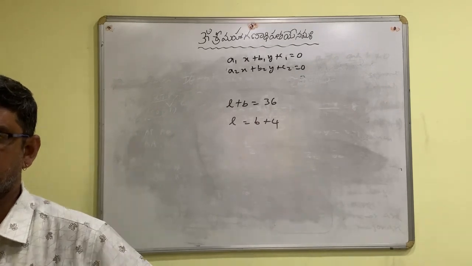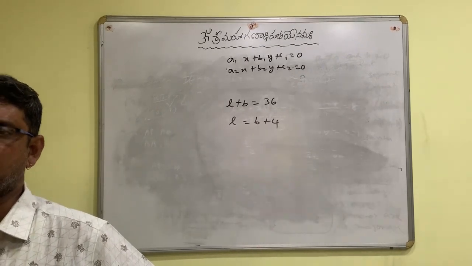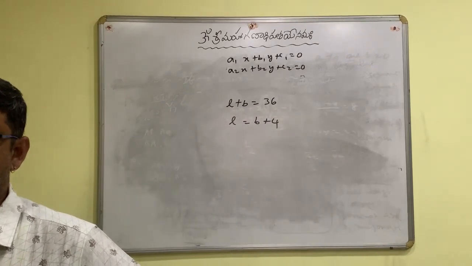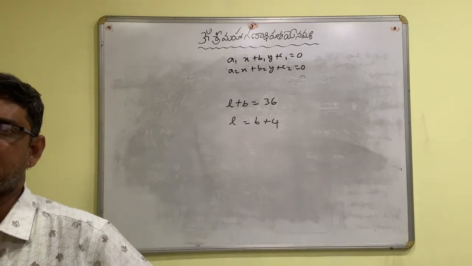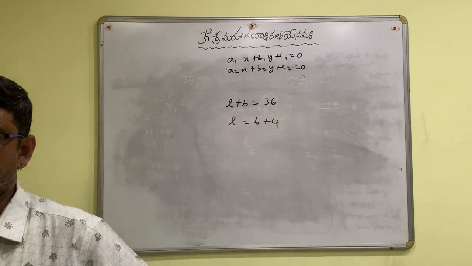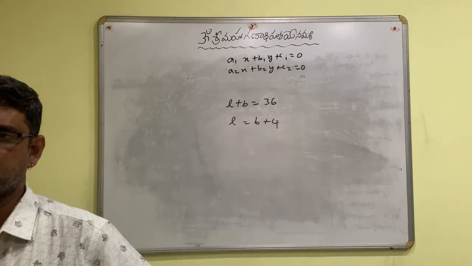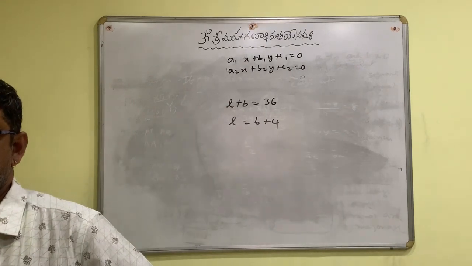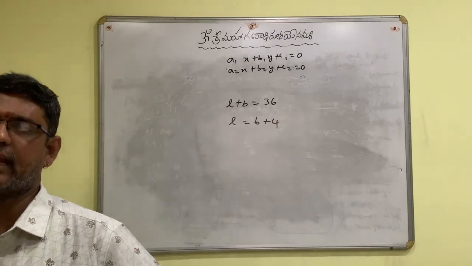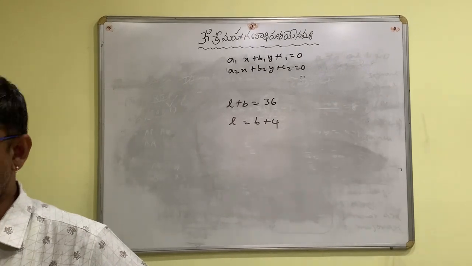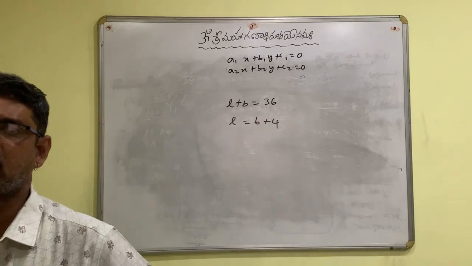Yes, consistent. Okay. What is A1 by A2? 1 by 1. B1 by B2, 1 by minus 1. So both are not equal, so they are consistent. That's all.